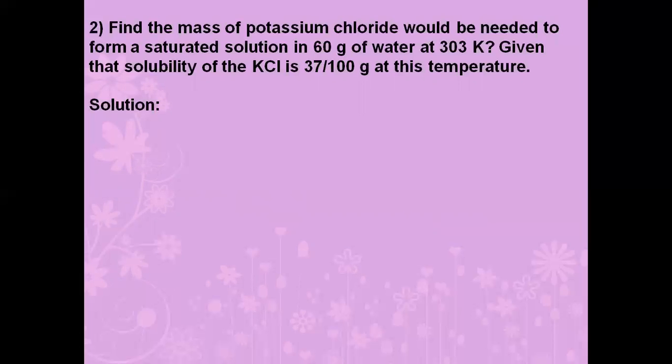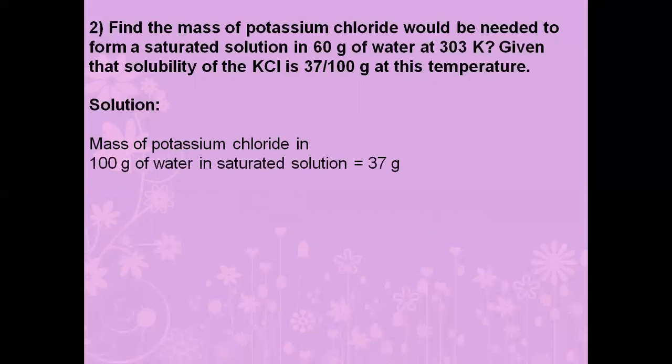Mass of the potassium chloride in 100 gram of water in saturated solution is 37 gram. What is the formula? Solubility of the solid equal to mass of the solute divided by mass of the solvent. Solubility is 37 divided by 100. Mass of the solid we don't know, but mass of the solvent is 100.